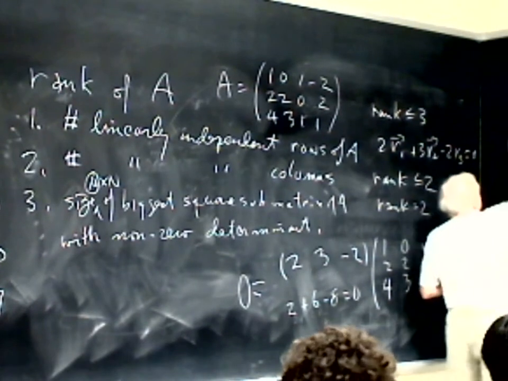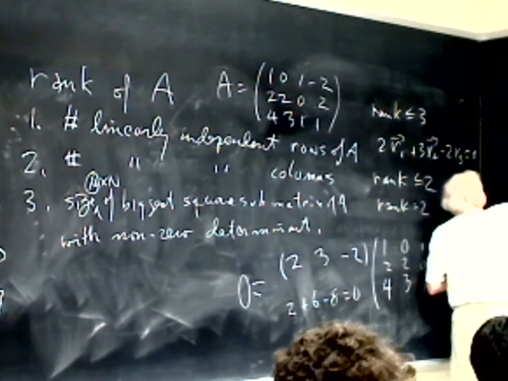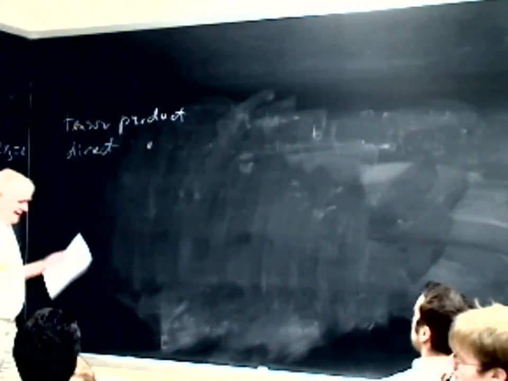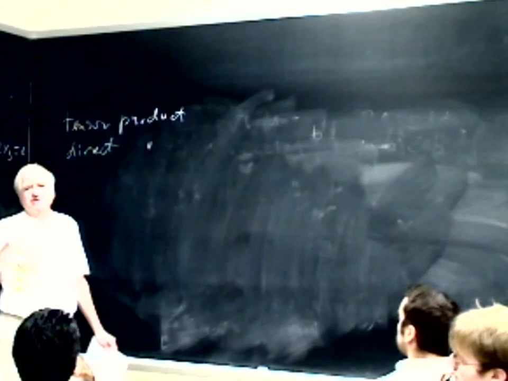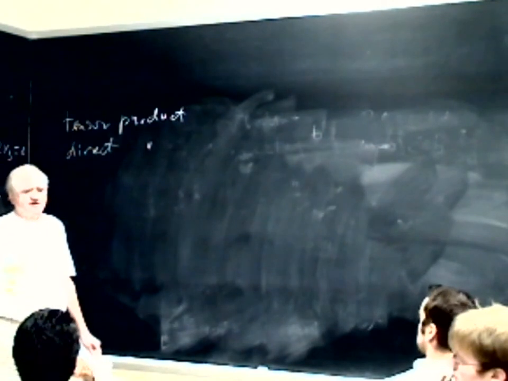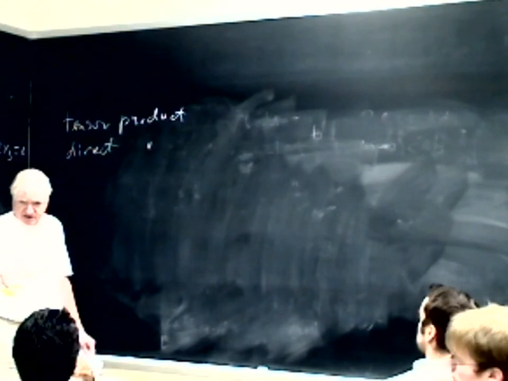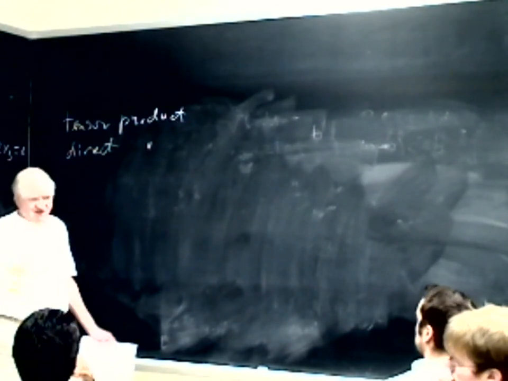So this tensor product, it's also called the direct product. And it's basically that you have two spaces and you have two linear operators, one acts on one space, the other acts on the other space. That's all it is.